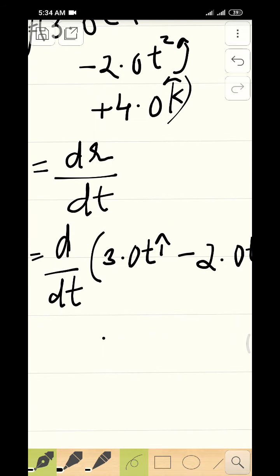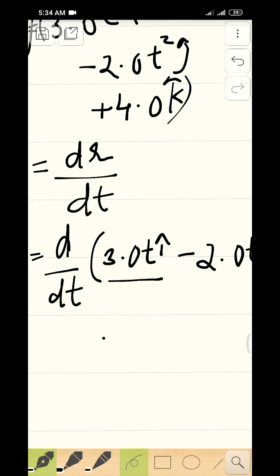So d by dt of 3.0 t i cap, where 3 and i cap are the constants, and you only have to find the derivative of t. So d by dt of t, that means dt by dt.